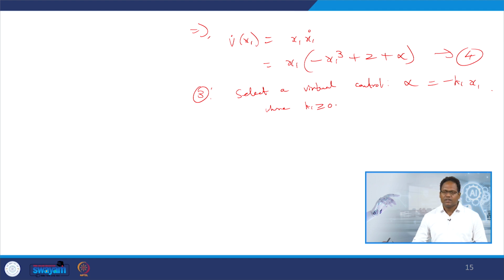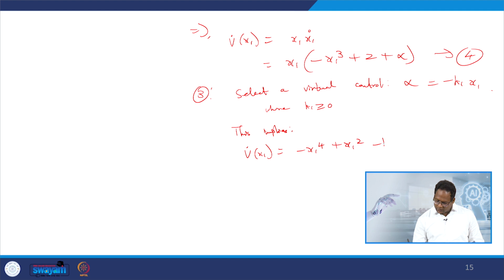This implies V dot of x1 is given by minus x1 power 4 plus x1 square minus k1 x1 square, which is equal to minus x1 power 4 minus k1 x1 square plus x1 z.